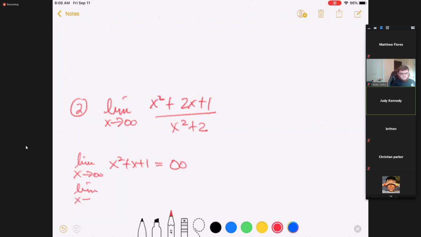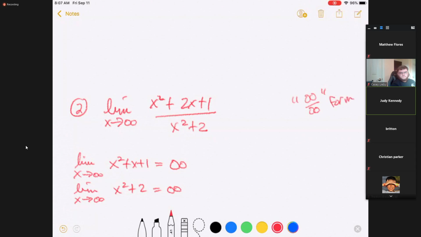And the limit as x goes to infinity of the denominator is also infinity. That is, if I put a large number into x squared plus x plus 1, well, if x is large, x squared plus x plus 1 is even larger. And the same thing's true for x squared plus 2. So this is another form of a limit. Okay, this is the infinity over infinity form.